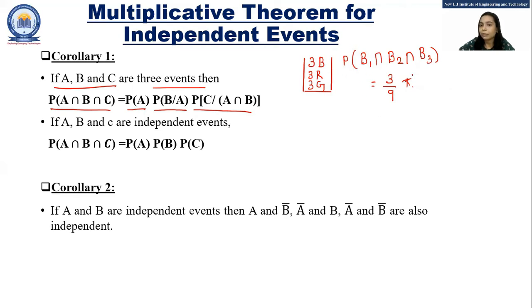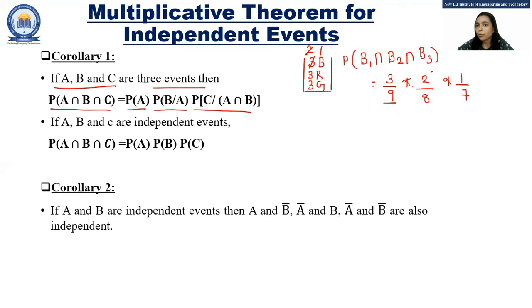So now the remaining black balls are 2. If I'm drawing the black ball again, the probability is 2 by 8. Again, after drawing that second black ball, I'm not putting it back into the bin. So the probability for getting the third black ball is 1 by 7.